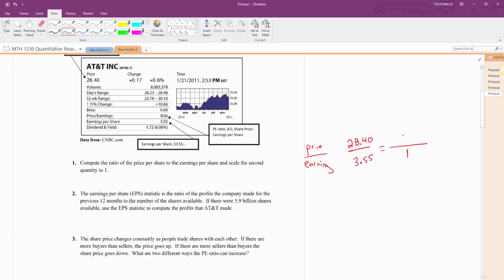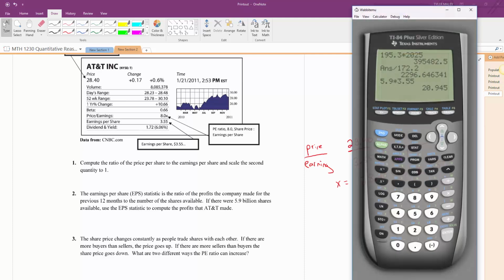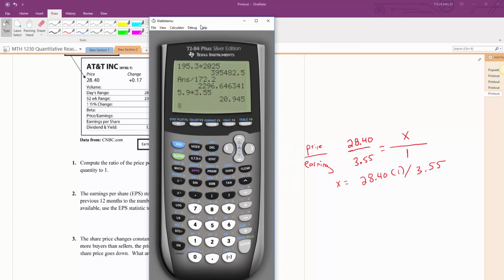Then if I solve for x, cross multiply and divide, I take 28.40 times 1 divided by 3.55. So if we take 28.4 and divide by 3.55, because multiplying by 1 doesn't influence that, we get exactly 8.